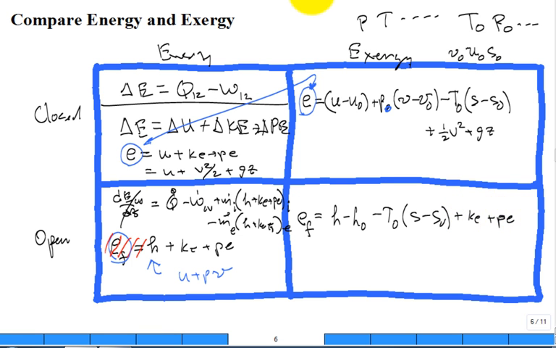I hope you realize these are exactly the same, right? Specific kinetic or specific potential energy, I could express it as lowercase ke or 1/2 v squared. Doesn't it look a little simpler? So we do see the enthalpy pop up in the flow exergy.